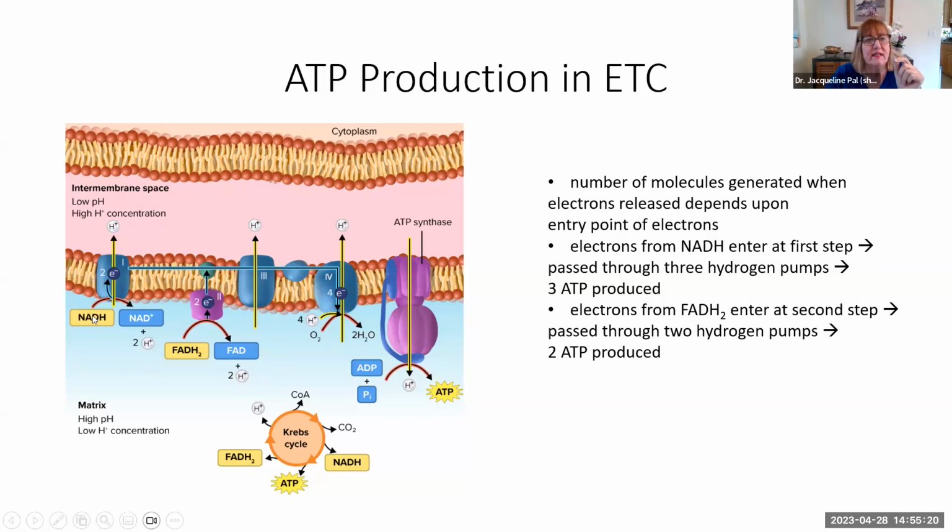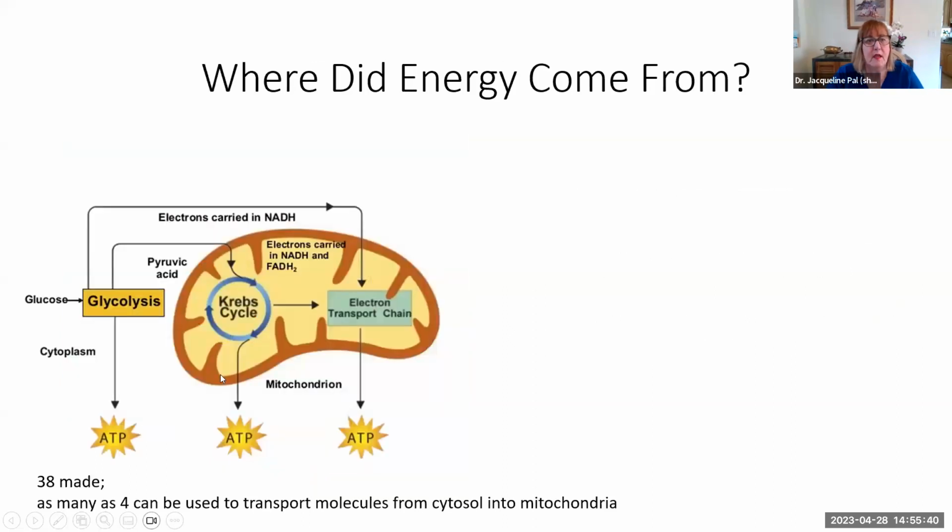So NADH can make 3 ATPs. FADH₂ only goes through 2 hydrogen pumps, number 3 and number 4. So that's why it can only produce 2 ATPs.